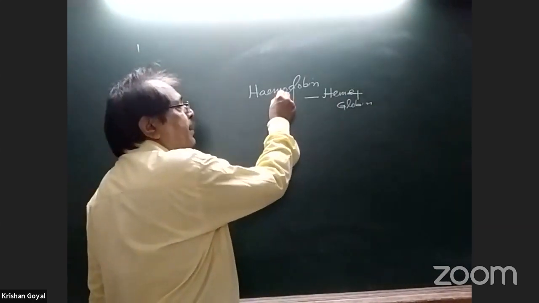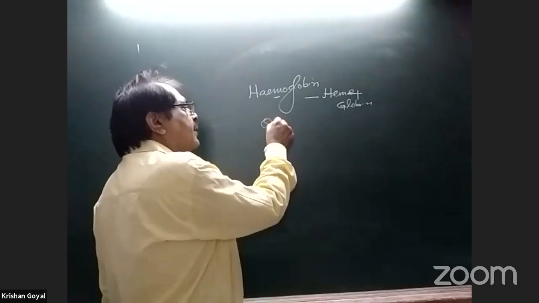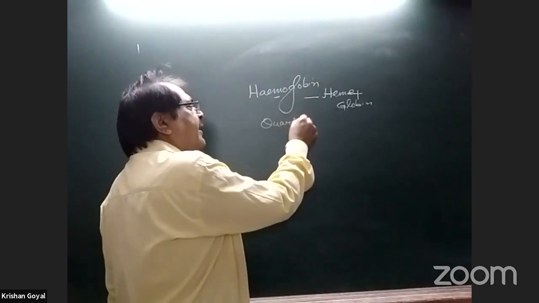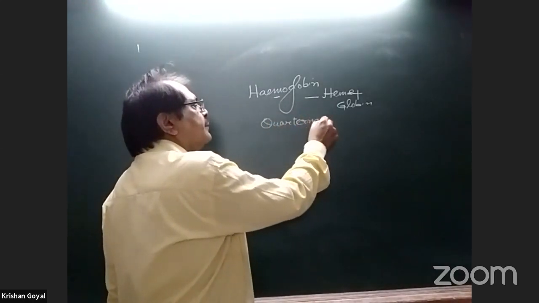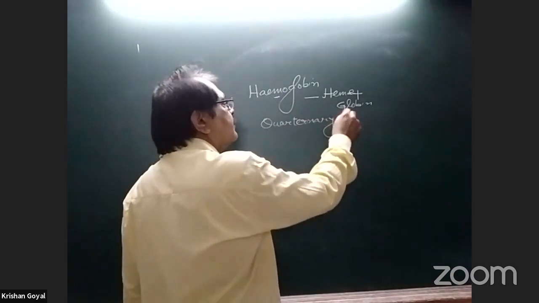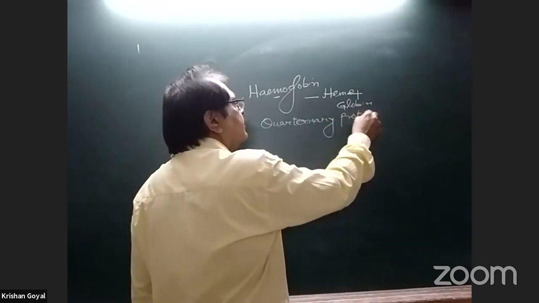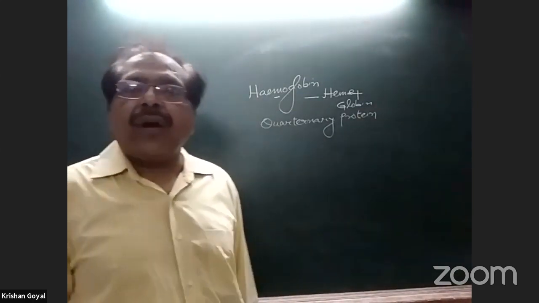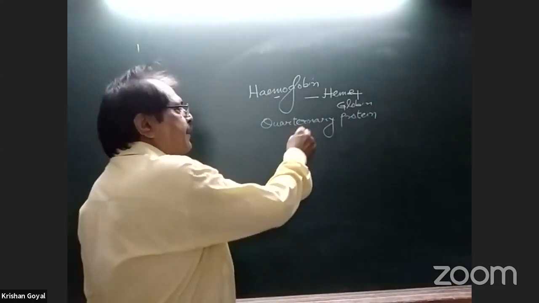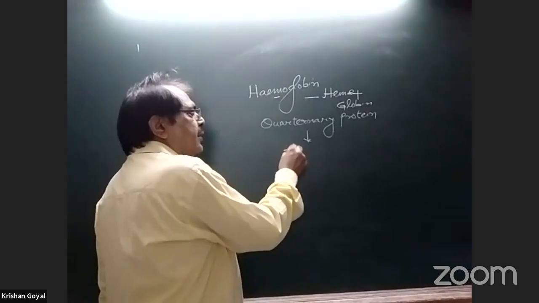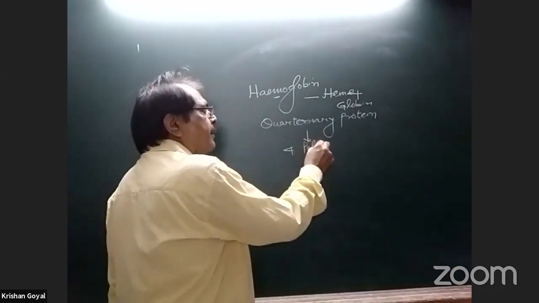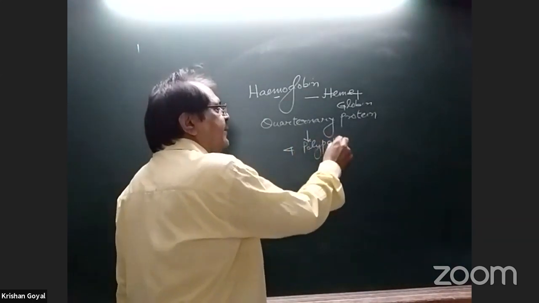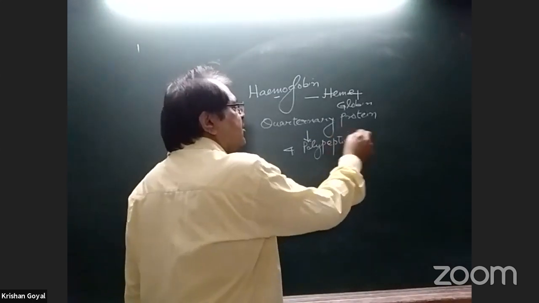This hemoglobin is a quaternary protein. Why do we call it quaternary? Because it is made up of 4 polypeptide chains.